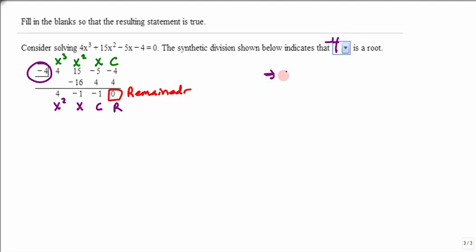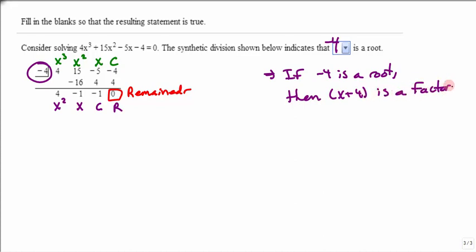That also implies if -4 is a root, then I know that x plus 4, the opposite, is a factor. Okay, so one of the factors of this expression is going to be x plus 4.